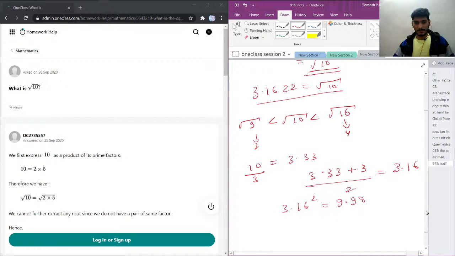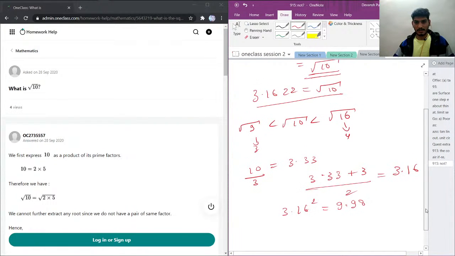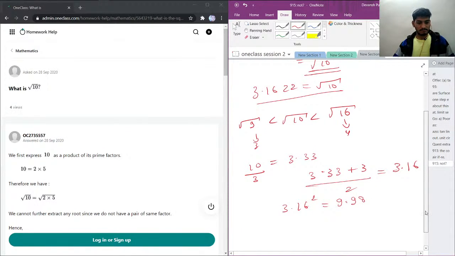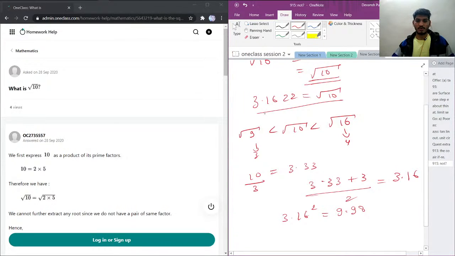So we are pretty close, and we have the correct solution till 2 decimal places, so we can just leave it here.